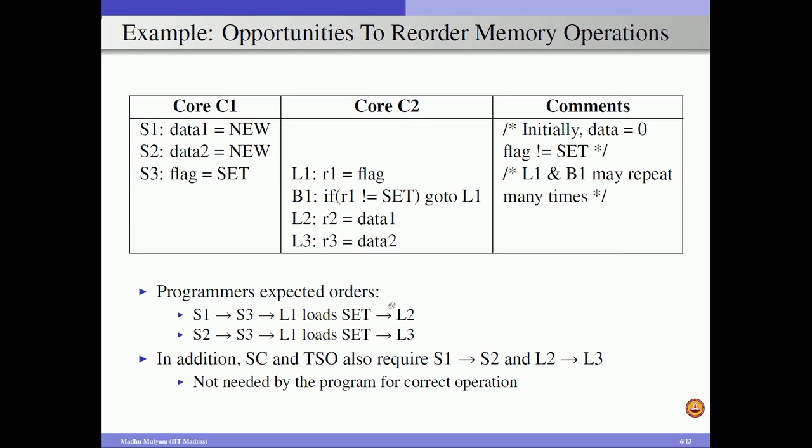This is what is expected, but when we have SC or TSO implemented in our systems, then automatically we force the instructions to be executed in this order, and that is actually not necessary, and that may degrade the overall performance. For example, if this store, let us say, incurred a miss, then the subsequent store cannot be executed until the previous store is completed and so on. So, that is actually degrading the performance.